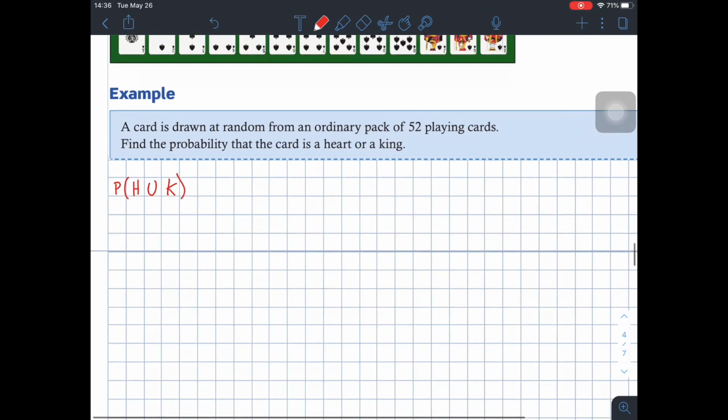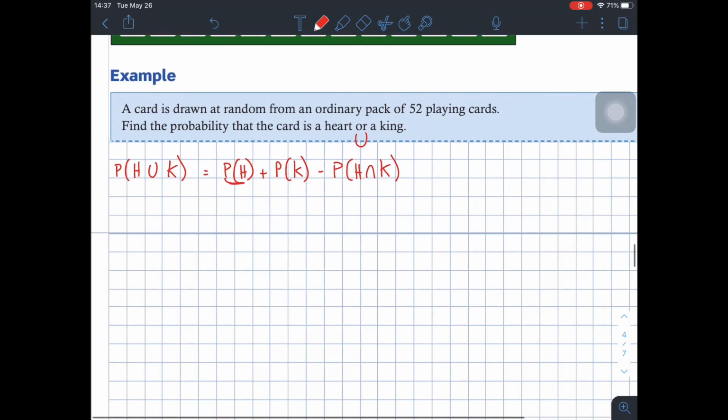The word "or" suggests the union. According to the formula booklet, it's the probability of hearts plus the probability of kings minus the probability of the intersection, hearts and kings. So I need to identify each of these terms.